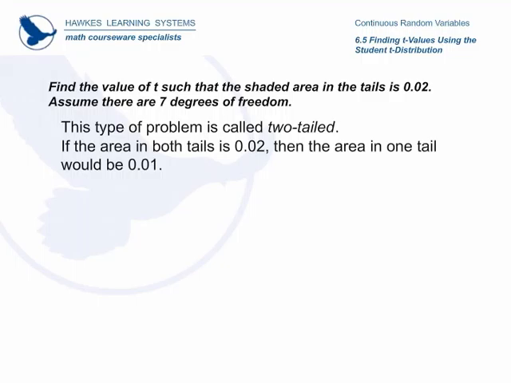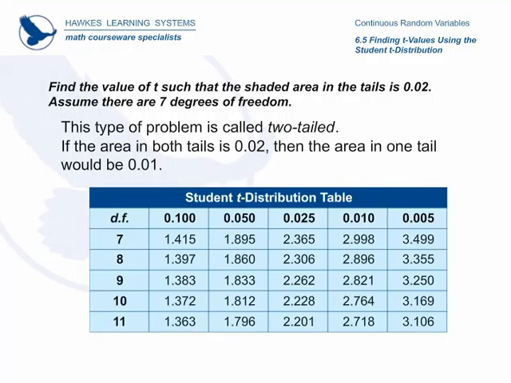We're just simply taking 0.02 and dividing it in half so that we can get the area in each of the tails. Here we've got our student t distribution table. And as we look at the alpha of 0.010 and the degrees of freedom of 7, we see that gives us a value of 2.998. So our t of alpha 0.010 equals 2.998.